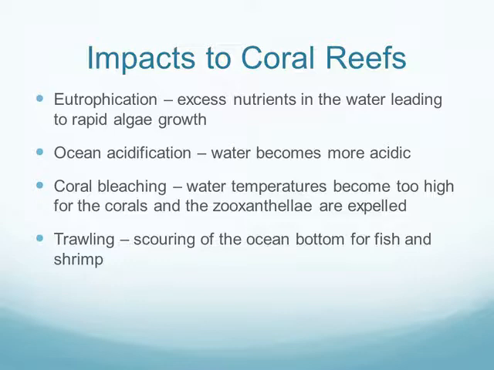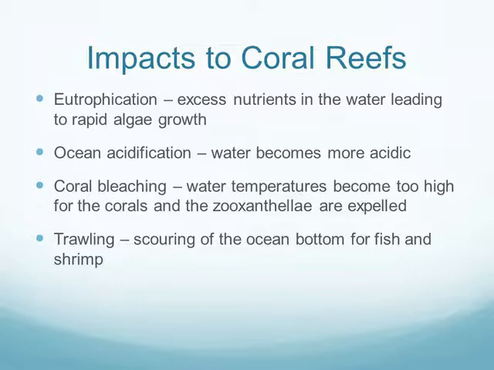So what sort of impacts do we have on the coral reefs? We have eutrophication, which is just the excess nutrients in the water, leading to rapid algae growth. And this rapid algae growth outcompetes the corals. So that's the reason why this excess of nutrients in the water is really bad. You can have ocean acidification, where the water becomes more acidic.